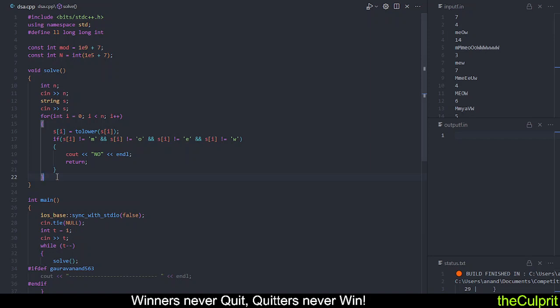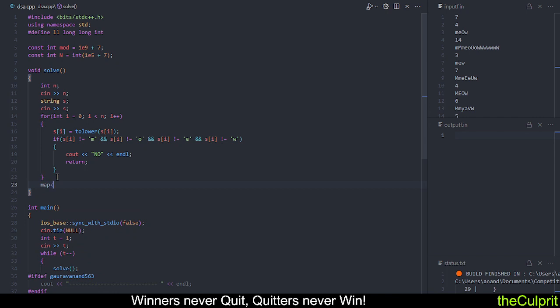So what I can do is, maybe I want to use duplicates. There is an STL function. I want to use that. Maybe I can keep a map or a set. Set would be a better choice because it doesn't store anything redundant.